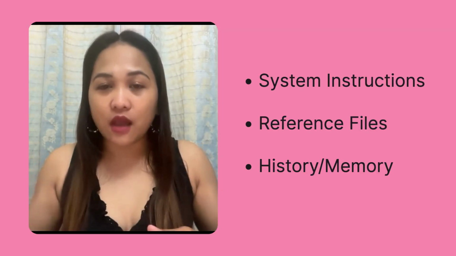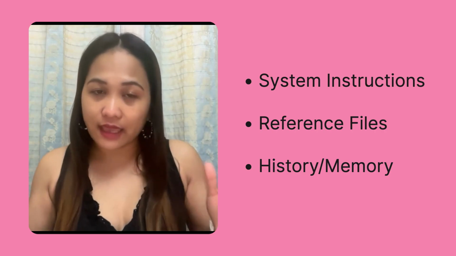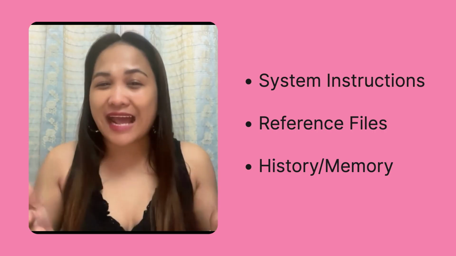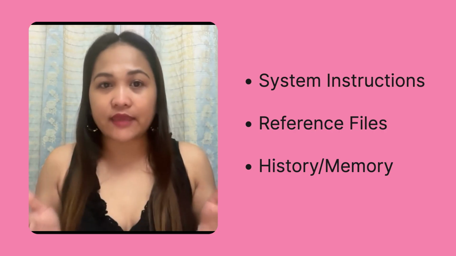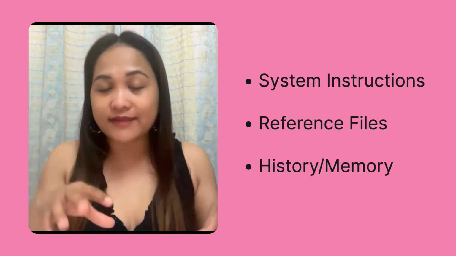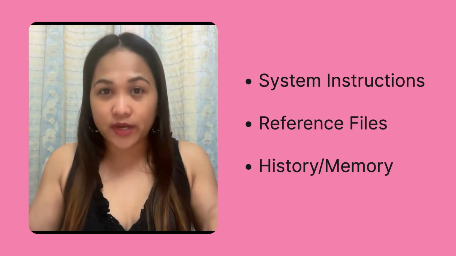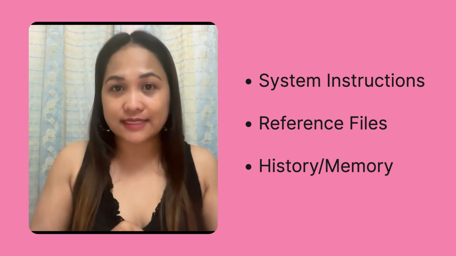Now, of course, these departments will vary depending on your business model. With this setup, each one has its own system instructions, aka a clear description for that particular function. It has its own reference files, aka the briefing documents, so the context is already preloaded. And it also has its own history of the work done within that particular department.